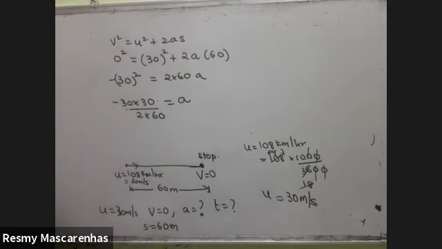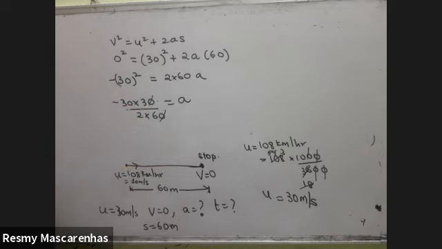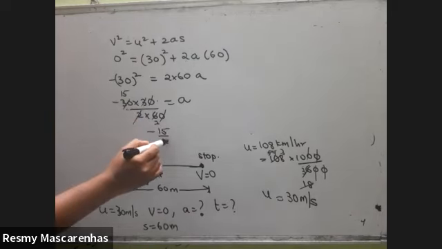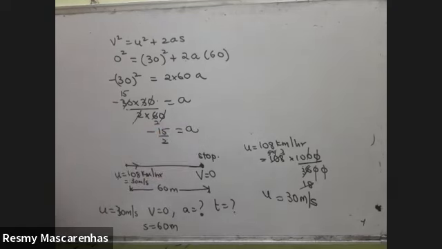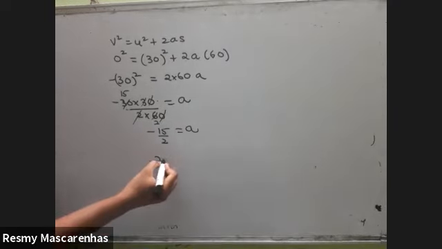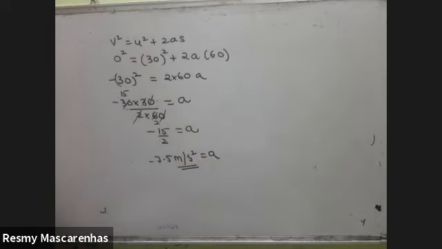Like this, if you keep it, it becomes easy to calculate. So minus 15 by 2, which is nothing but 7.5 meters per second square. This is the unit for acceleration. If you write the wrong unit, again you will lose marks.